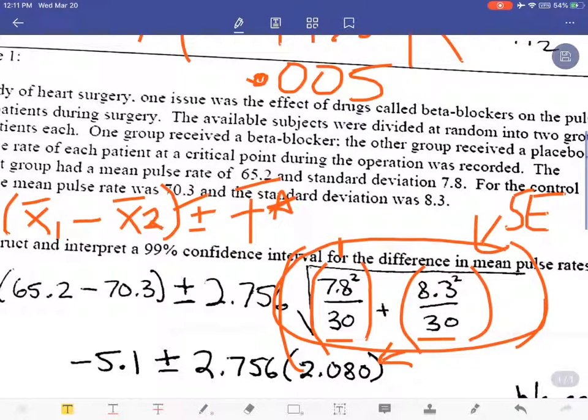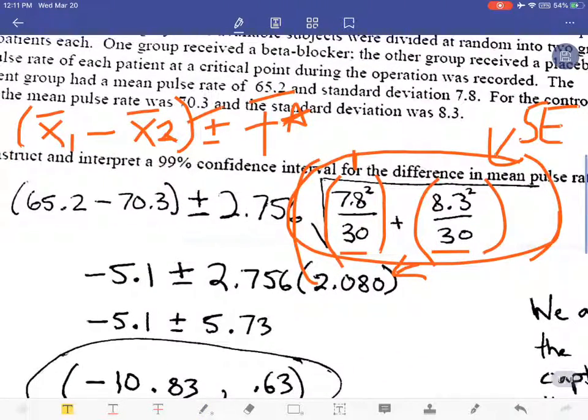All right, so now we just essentially use order of operations to finish calculating this out. Our standard error, like I said, is 2.080. When we subtract our two means, we get negative 5.1.